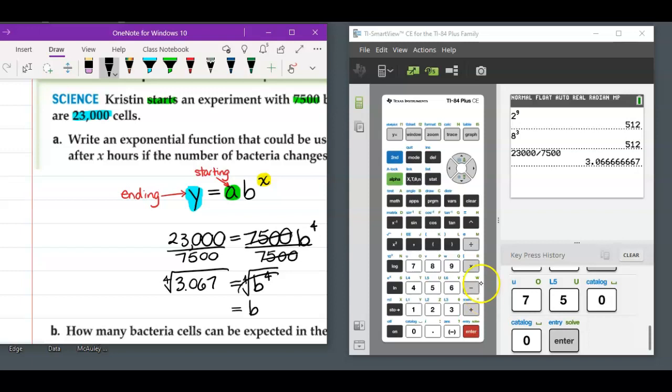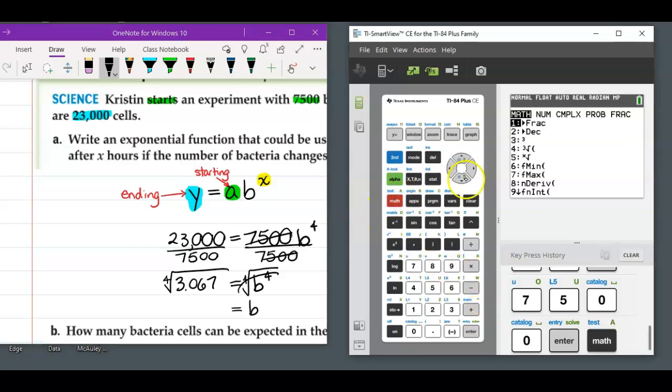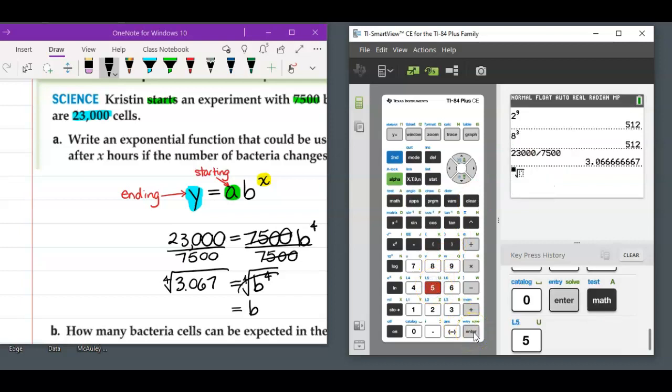On the calculator, we're going to press Math, option 5. We want it to be the fourth root of 3.067.